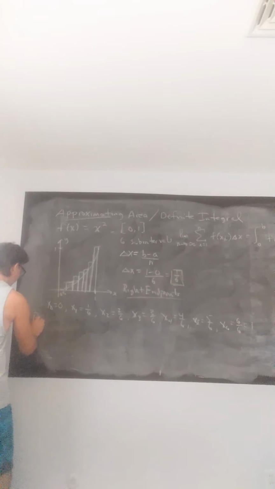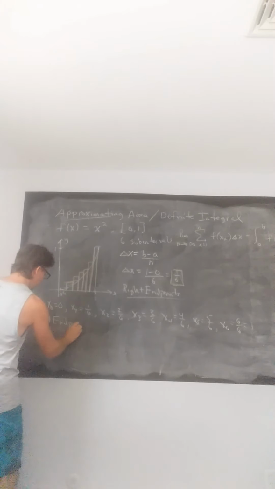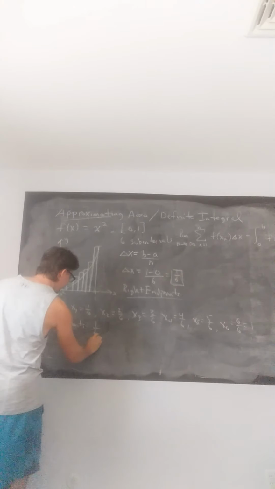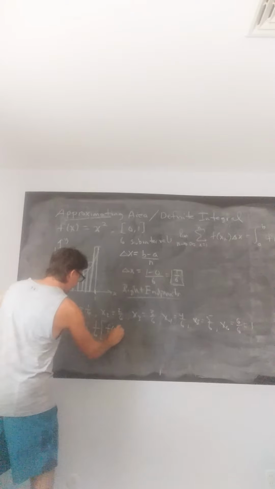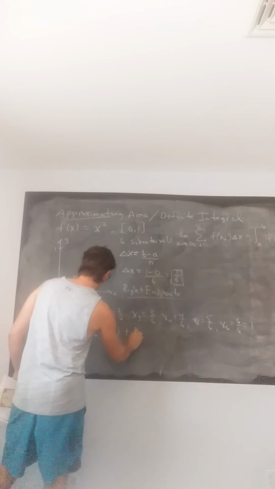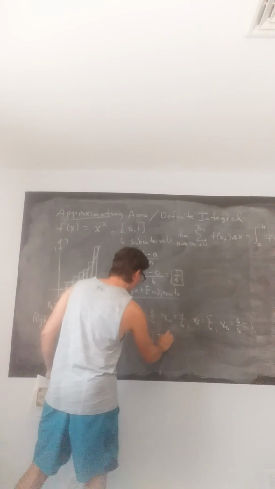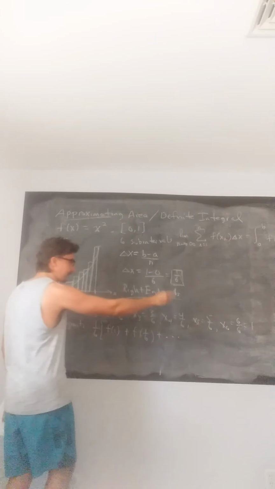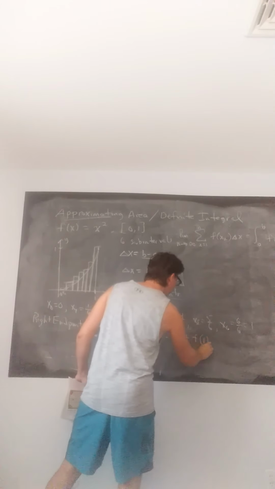Using the right endpoint, this Riemann sum is going to be 1/6 times the function evaluated at f of 1/6 plus dot dot dot. I'm going to put the dot dot in to show that there's going to be f of 2/6, f of 3/6, f of 4/6, f of 5/6, and plus f of 1, which is 6/6.